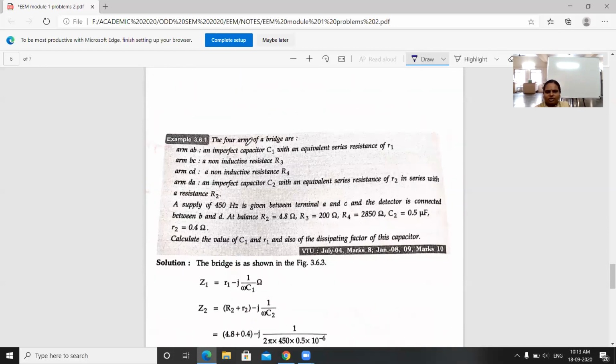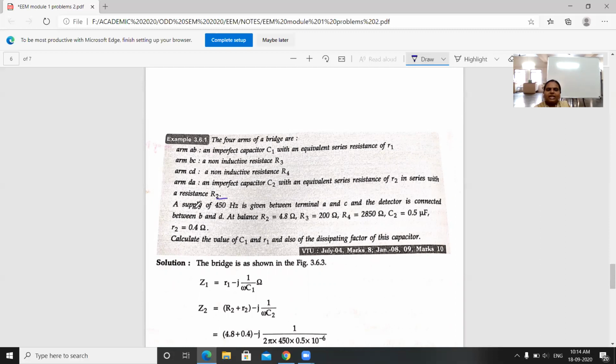Here a question is given for a Desauty's bridge. The four arms of a bridge are: arm AB, an imperfect capacitor C1 with an equivalent series resistance of R1; arm BC, a non-inductive resistance R3; arm CD, a non-inductive resistance R4; arm DA, an imperfect capacitor C2 with an equivalent series resistance R2 in series with a resistance.